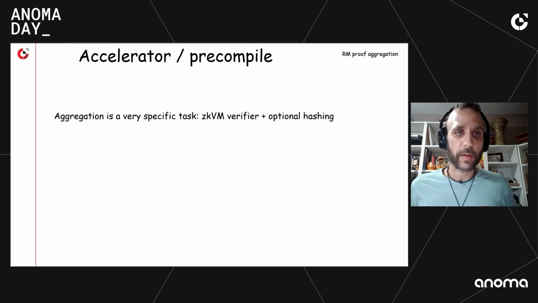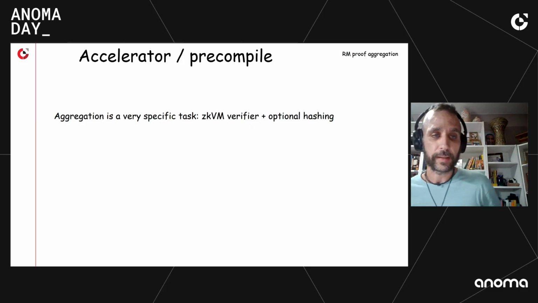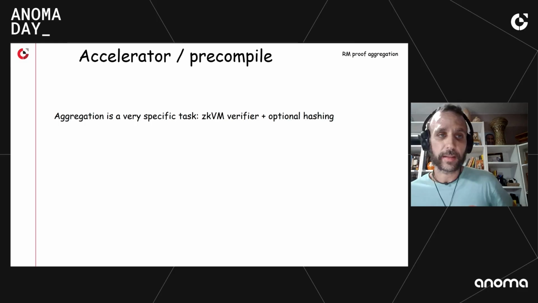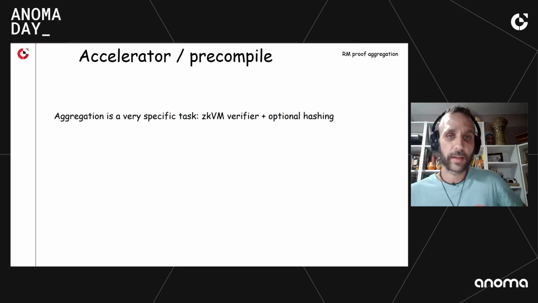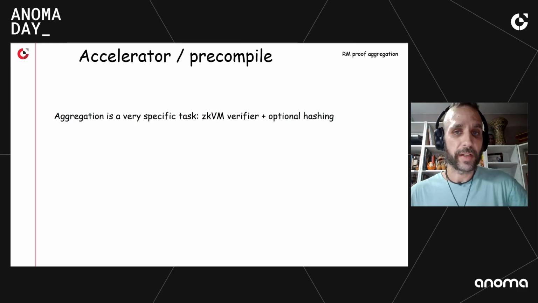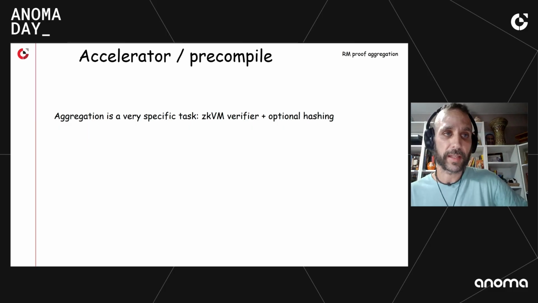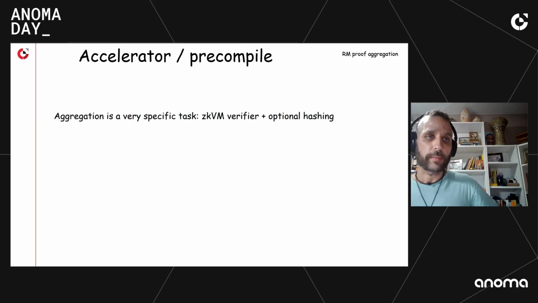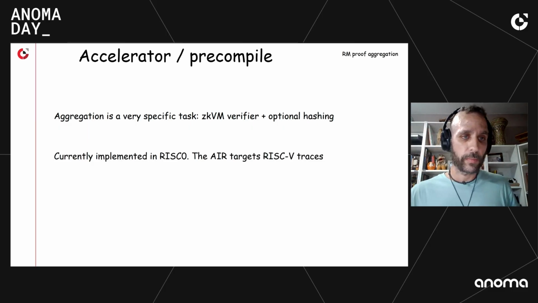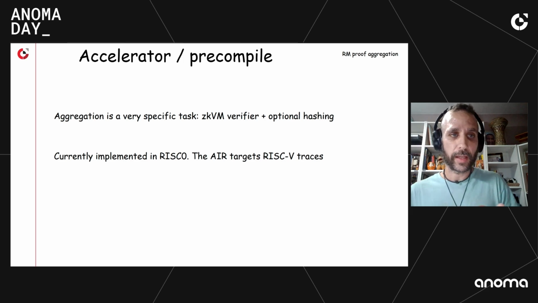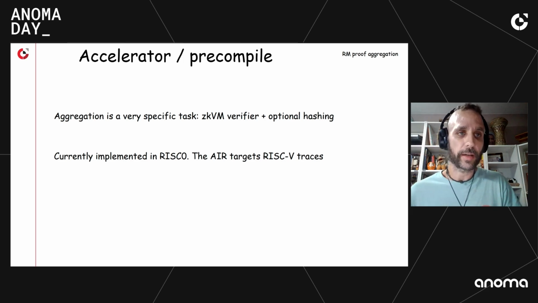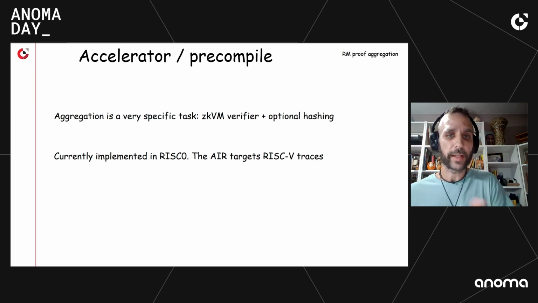The other thing is, what about using an accelerator? So the observation is that aggregation is a very specific task. It's basically the zkVM verifier plus some optional hashing in the PCD-based approach. So we are currently proving computational iterations for aggregation in RISC-0, and the AIR in RISC-0 targets RISC-V traces.